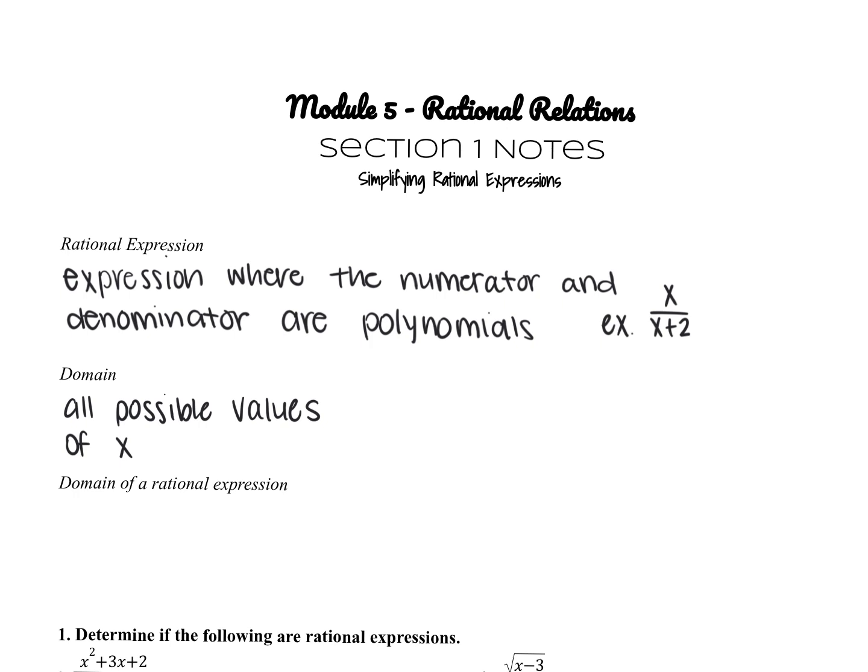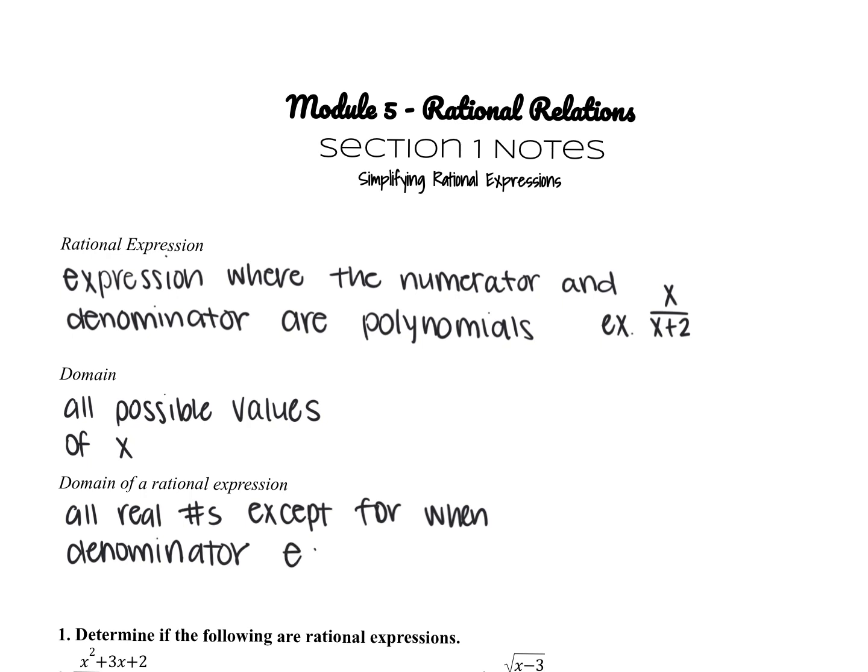In a rational expression, the domain is all real numbers except for when the denominator equals 0.